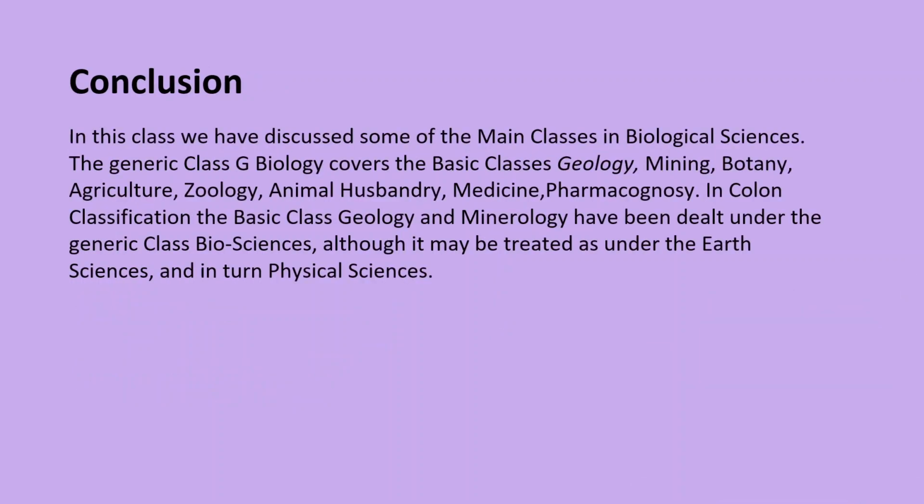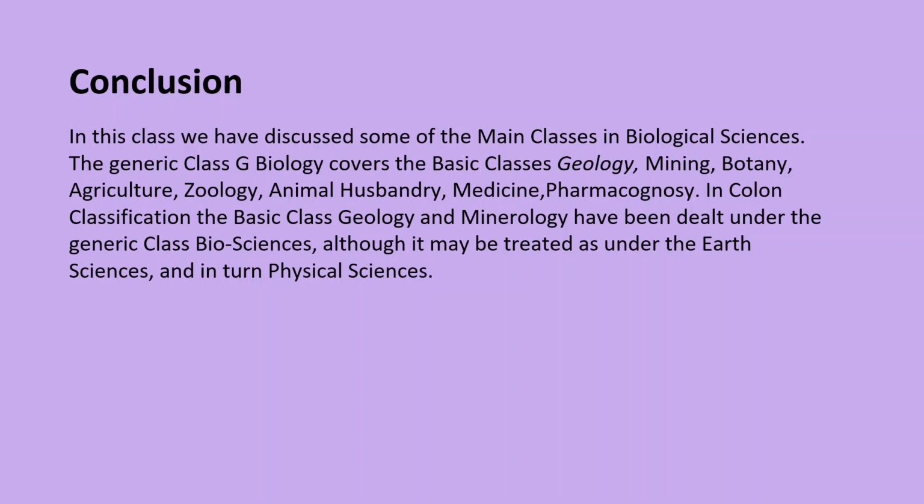In this class, we have discussed some of the main classes in biological sciences. The generic class biology covers the basic classes biology, geology, mining, botany, agriculture, zoology, animal husbandry, medicine, pharmacognosy.